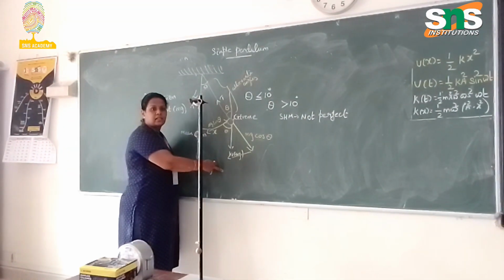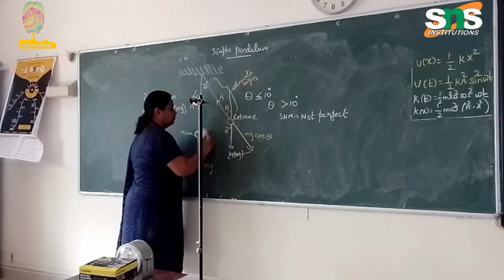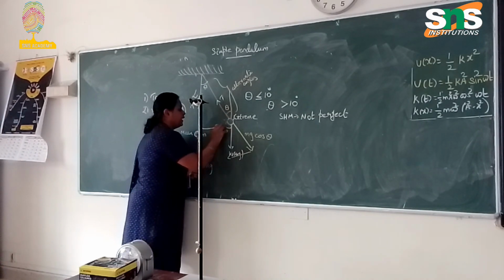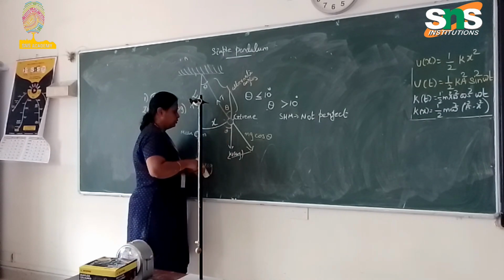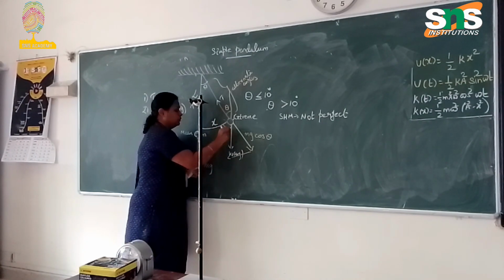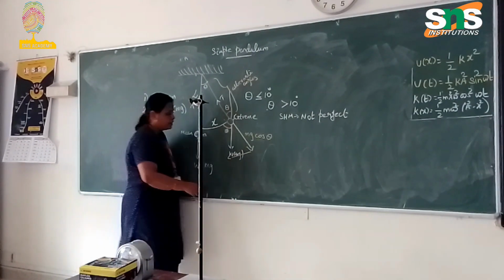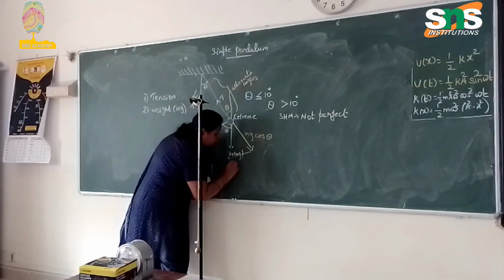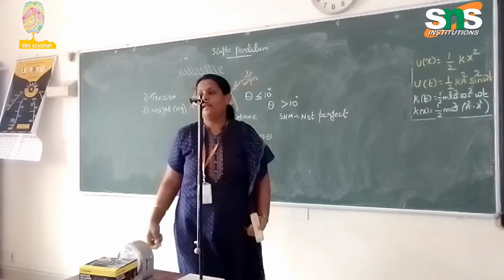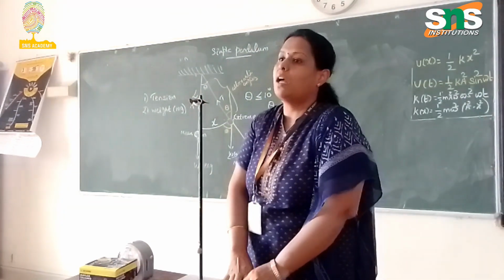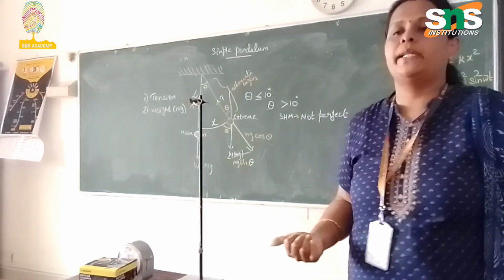First case or second case? Second case, because already I marked this as displacement x attained by the particle. So this one is your mg sin theta. Weight is resolved into two components: one is the horizontal component mg cos theta and another is the vertical component mg sin theta.